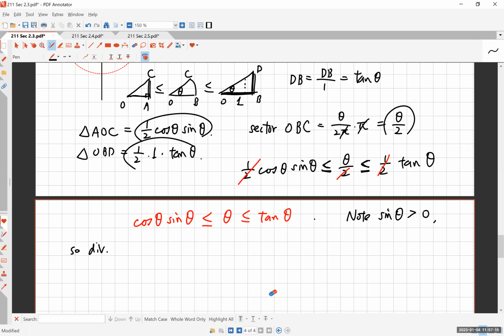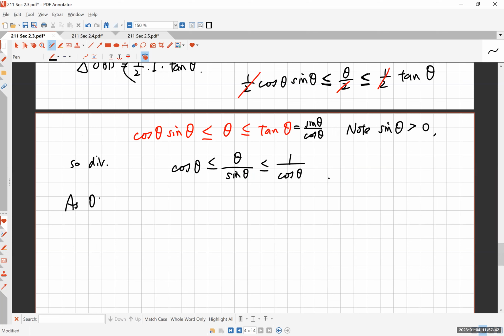What do you get? You get cosine of theta less than or equal to theta over the sine of theta less than or equal to the tangent. By the way, tangent is sine over cosine, so if you divide this by sine of theta, you get 1 over cosine of theta.